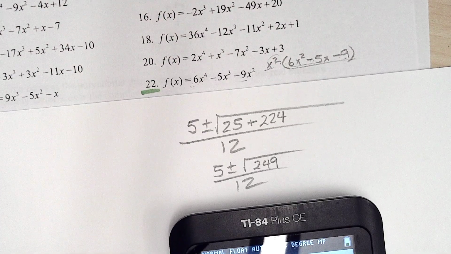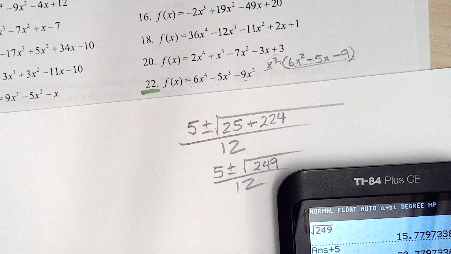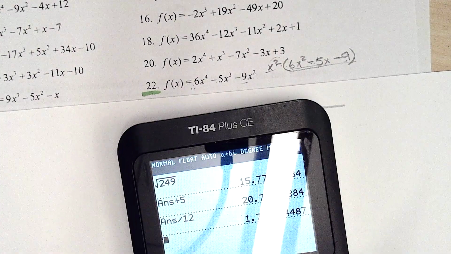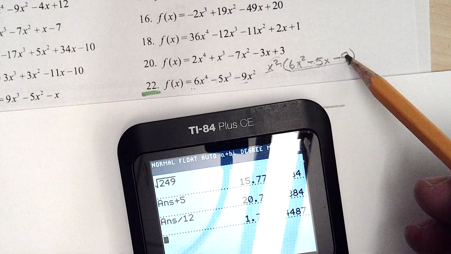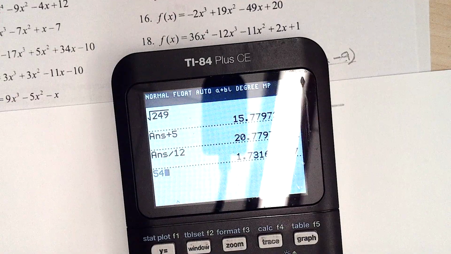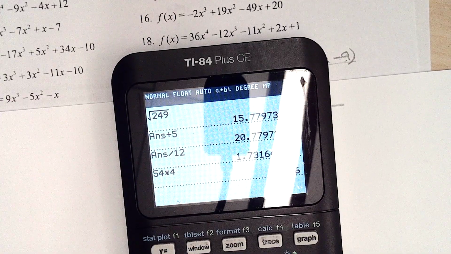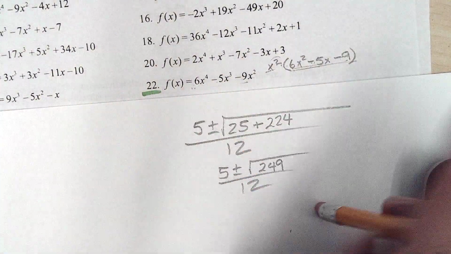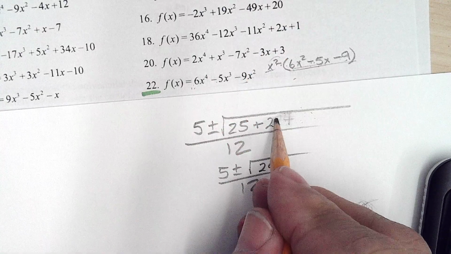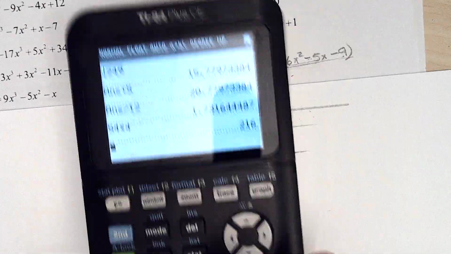I wonder if I made a mistake in my arithmetic here. 6 times 9 is 54. 54 times 4 is 216. Oh, I did make a mistake. 216. So let's go back and do this again.